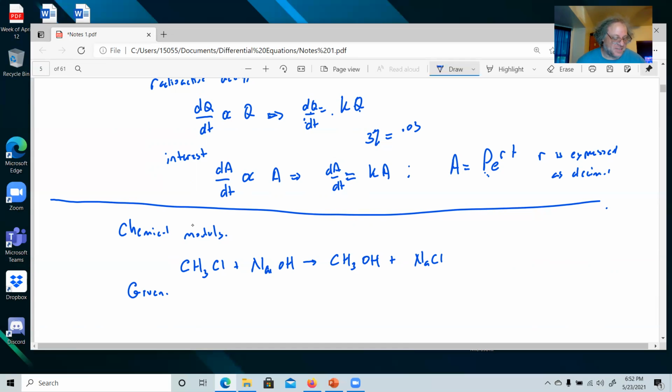They give you that this reaction is dependent on the amount of CH3Cl and NaOH, sorry. So this is dependent on the amount of stuff that is present, okay, and it's dependent on both of these things.